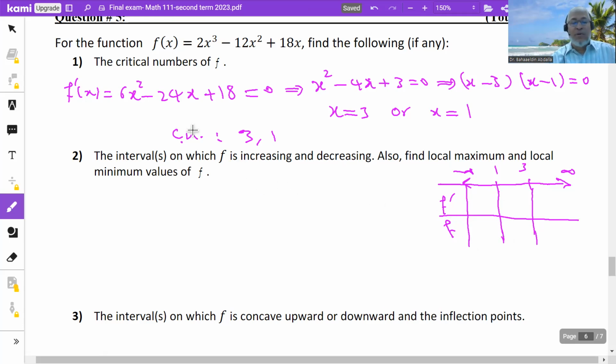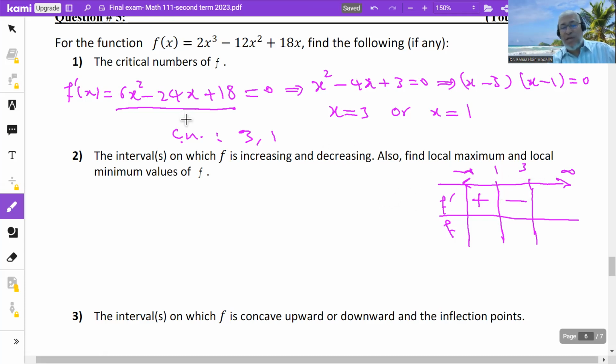So where is f prime? This is f prime. f prime is 6x squared minus 24x plus 18. If you take a number less than 1, for example, 0, replace x by 0, you will get plus 18. So f prime here is positive. If you choose 2 and put it here, 6 times 4 minus 24 times 2 plus 18, you will find the sign is negative.